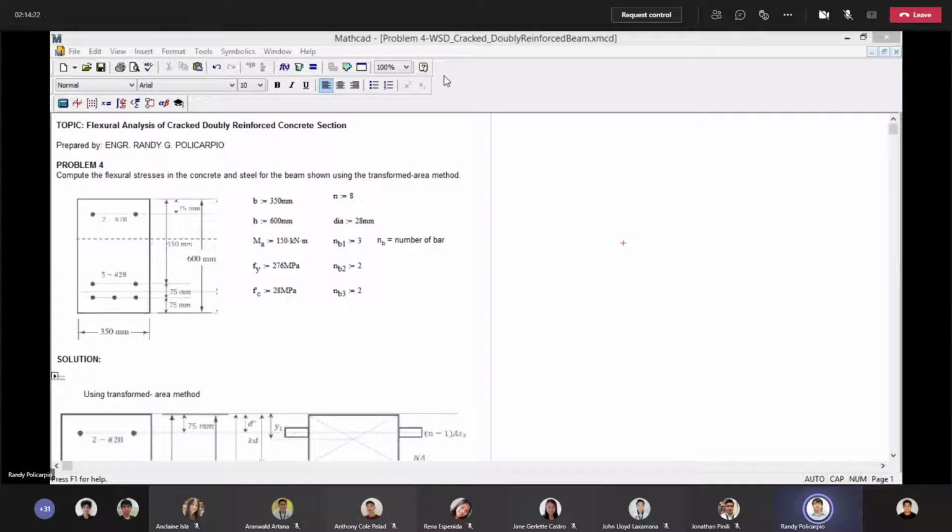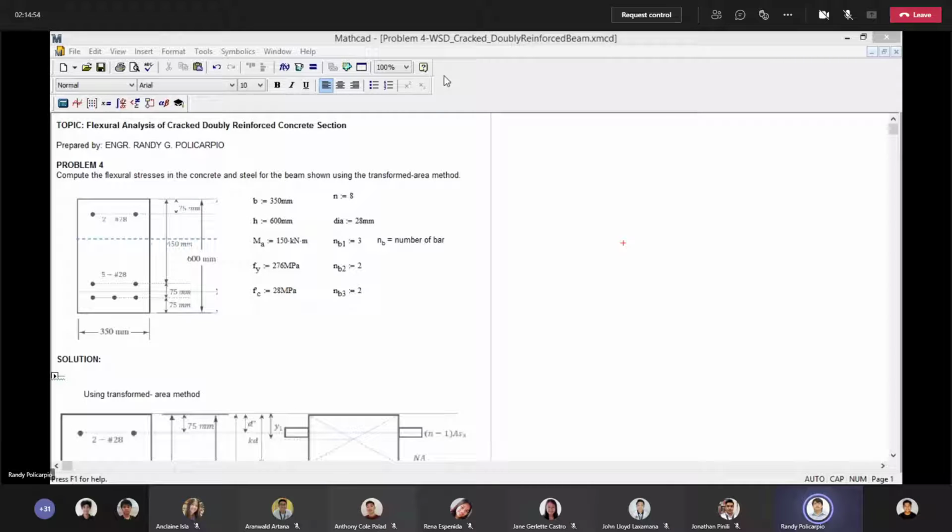Now, why is it we need to include this? As I have mentioned, in the design of beams, we usually check yung tinatawag nating deflection, no? And cracks, no? Wherein pagdating sa deflection, we need moment of inertia. At ang pagkuha ng deflection is based from serviceability requirement, no?